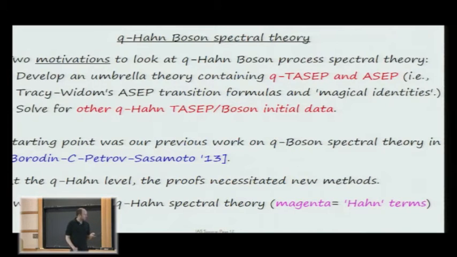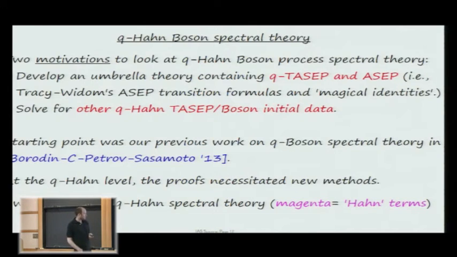Okay, so the starting point for what I'll explain was previous work on the Q-Boson spectral theory. This is for the continuous time Hamiltonian that we discussed earlier, and this was in a paper that came out a year ago, well, maybe 6 months ago, with Borodin, Petrov, Sasamoto, and myself, and now we have work which follows up and works at this Q-Hahn level and also includes ASEP.